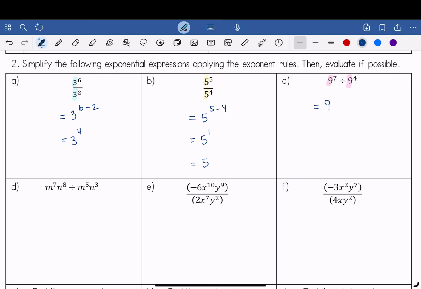Therefore, the base 9 to the power of 7 subtract 4 is equal to 9 to the power of 3, which is equal to 729 when evaluated. And I just noticed for 2a, since we do have to evaluate it, as the question asks, 3 to the power of 4 is equal to 81.